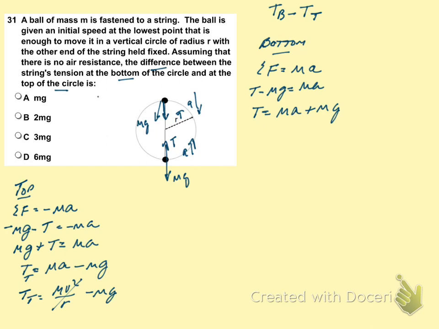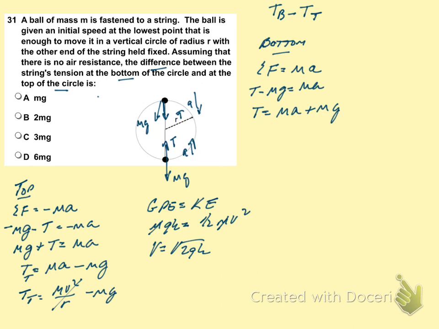We can use conservation of energy and see what happens to the velocity by setting GPE at the top equals KE at the bottom. Cancel out the masses. The velocity is going to be equal to the square root of 2gh. This is at the bottom.